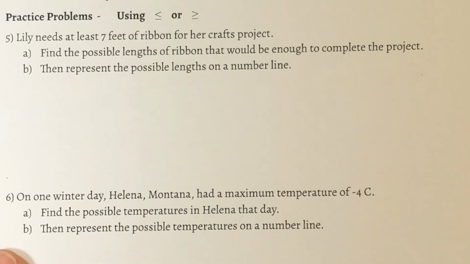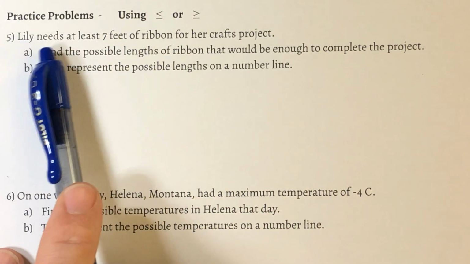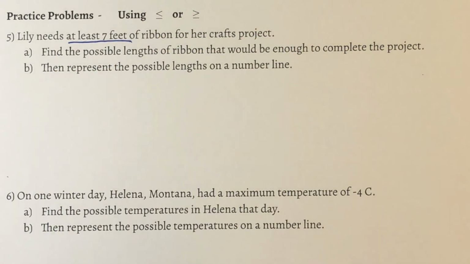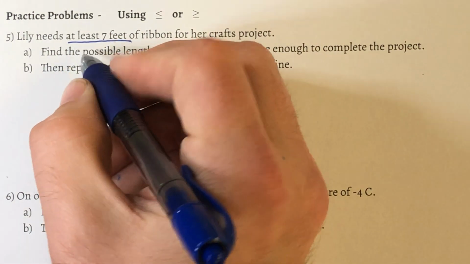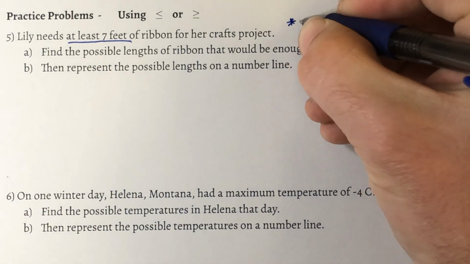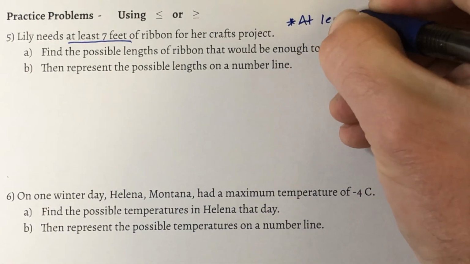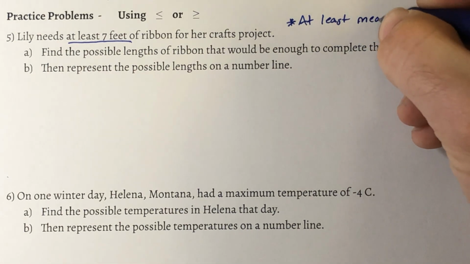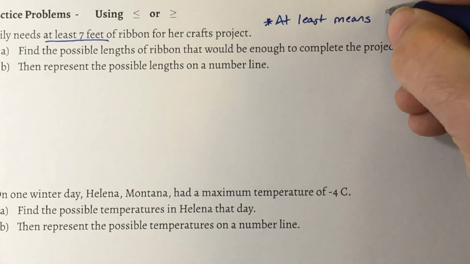Okay, number 5. Lily needs at least 7 feet of ribbon for her crafts project. At least 7 feet. So what does the phrase at least mean? At least means that or more.